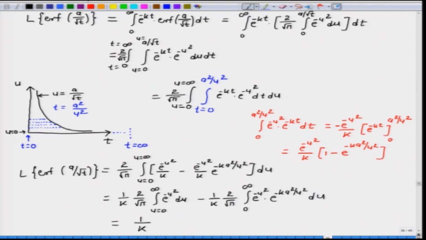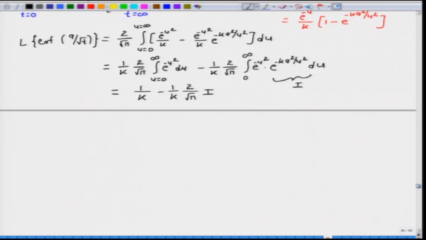Let us call this integral I. So, this should be equal to minus 1 by k times 2 over root pi times I. I in this case is equal to the integral 0 to infinity of e to power minus u square times e to power minus k a square by u square du. And if we notice, the integration is with respect to u and it is a definite integral. So, I is a function of k. So, we write I of k.